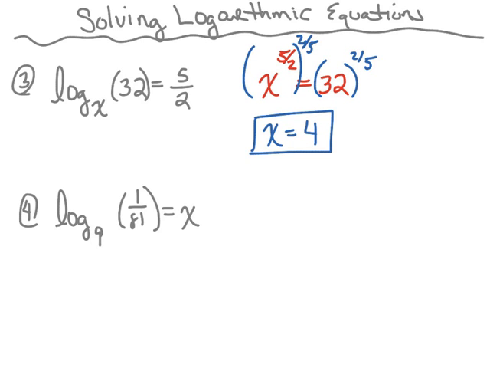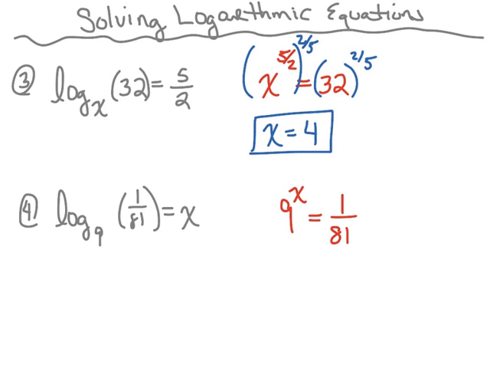Let's try that again with number 4. We've got log base 9 of 1 over 81 equals x. First thing we're going to do is rewrite this as an exponential. So this now becomes 9 to the x power equals 1 over 81. So I'm looking for a value of x.